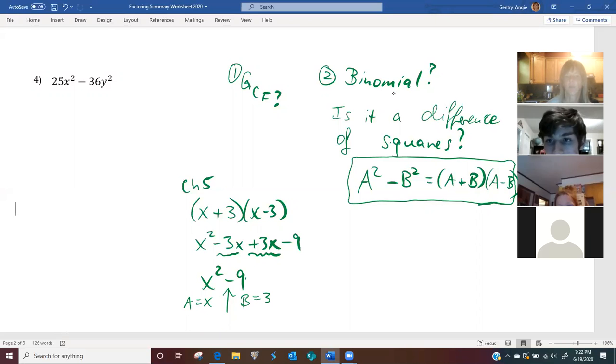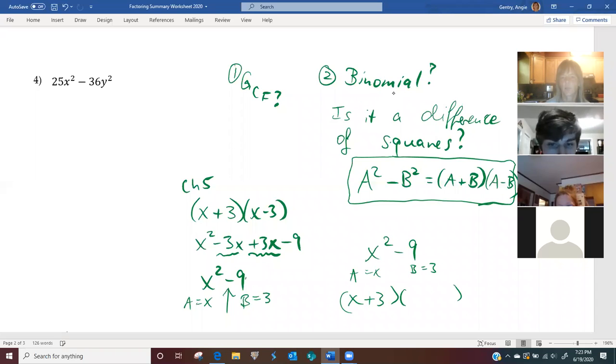And then you say, if you're going forward and you're supposed to factor this, you're going to say, oh, x squared minus 9, a is x, b is 3, and a squared minus b squared is a plus b times a minus b. But you absolutely have to know that formula. Difference of squares.